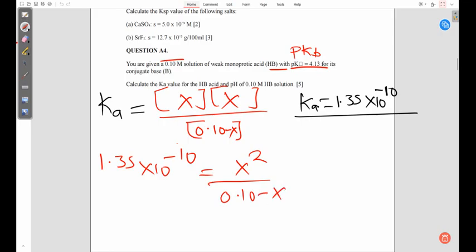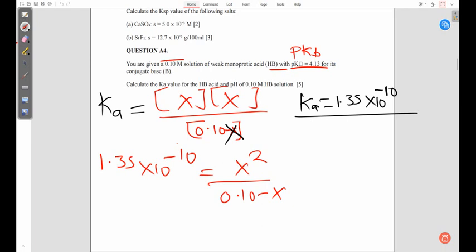So at this point, what do we do? We'll use the 5% rule. Whenever we've got an addition or subtraction, we don't want to end up with a complicated quadratic equation. That would be a sheer waste of time. Since the K value is low, we'll cancel the minus x. If it was an addition, we would have cancelled it out as well.